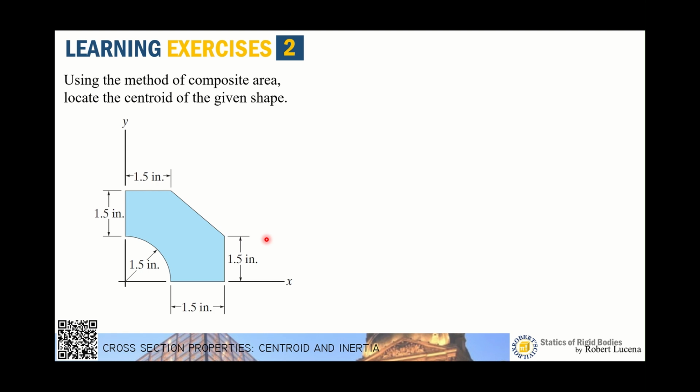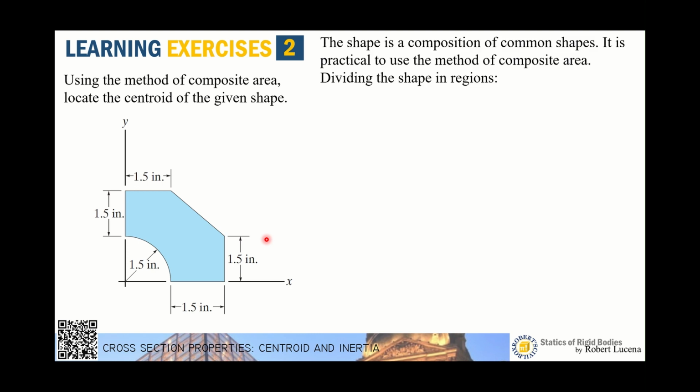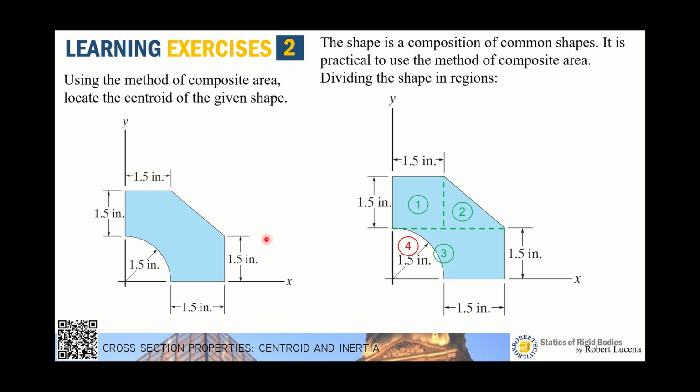Now let's have the second example. This time, as you can see, this is a complex shape, but it can be made up of common shapes like triangles, rectangles, and a quarter circle. So instead of using integration, it is more practical to use the composite shape method. First, we divide everything into regions.